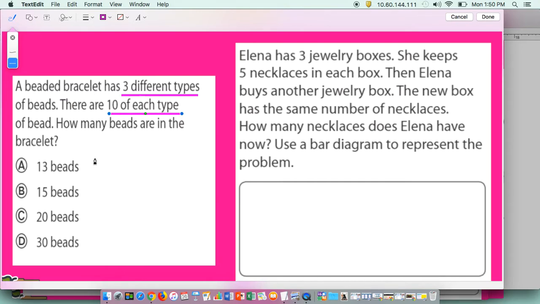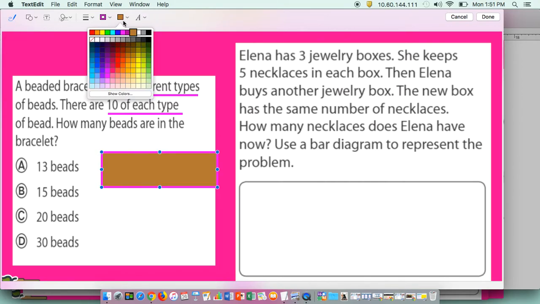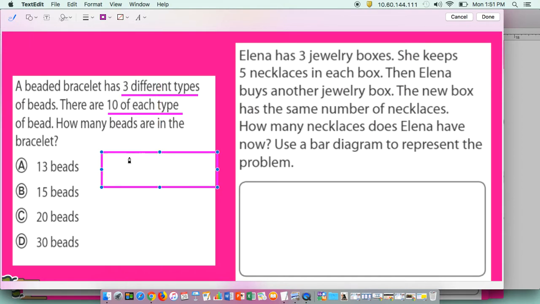So what I'm going to do is a bar diagram. There are 3 different types, so I'm going to do 3. All right, so there's 3 different types, 1, 2, 3. And there are 10 of each type. So what number is going to go in the box? 10, because there's 10 of each one.